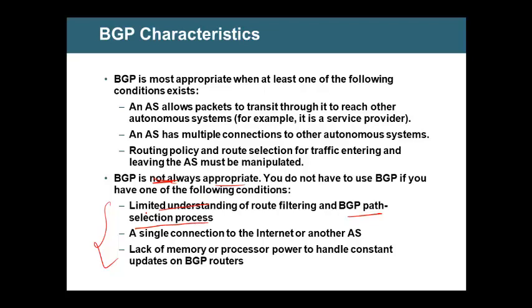Third is your router is very bad at memory. Old router. Your router doesn't have enough RAM. Come again, sir? Of course, every IOS has BGP. See, this is talking about a very old router.